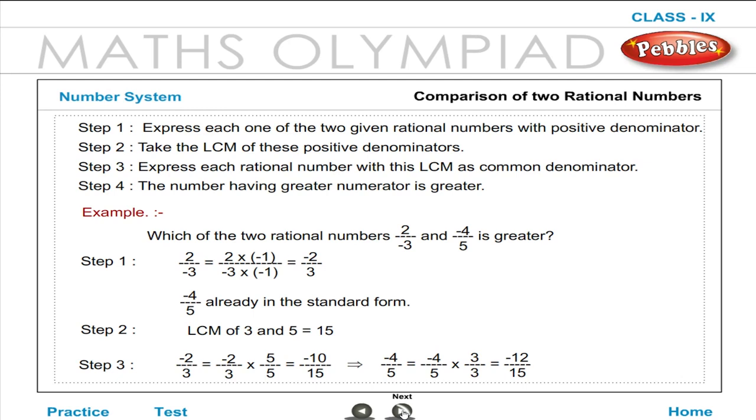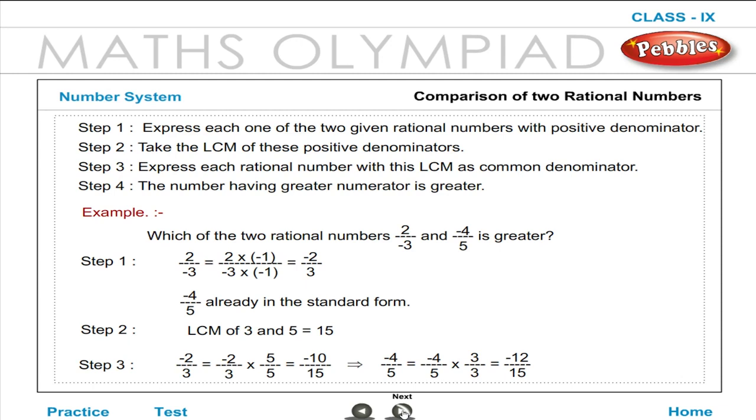Example. Which of the two rational numbers 2 by -3 and -4 by 5 is greater? Step 1. 2 by -3 is equal to 2 into -1 by -3 into -1, is equal to -2 by 3. -4 by 5 is already in standard form. Step 2.